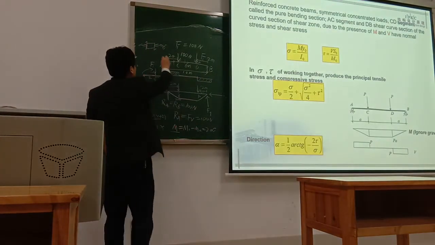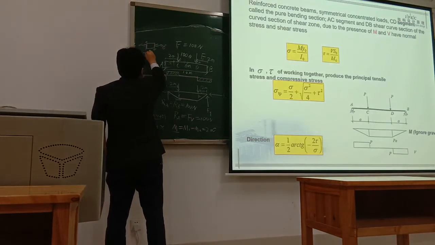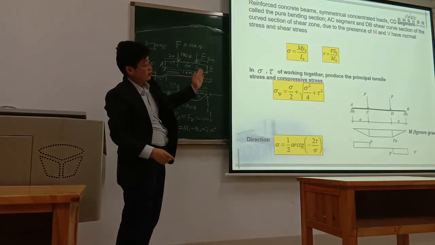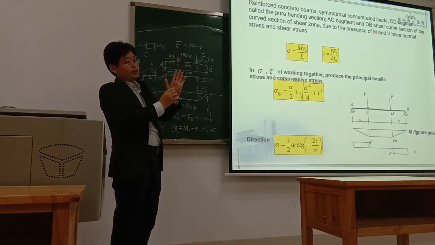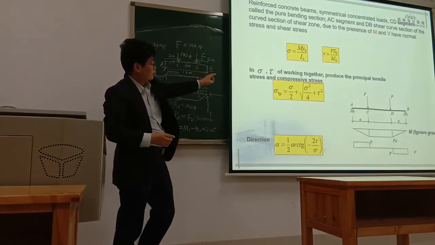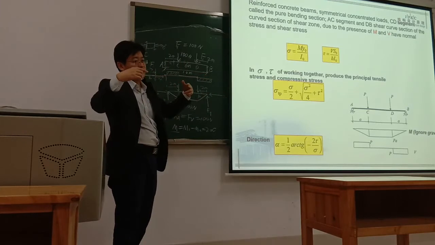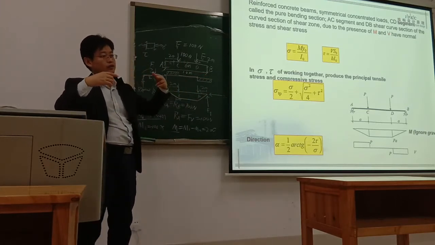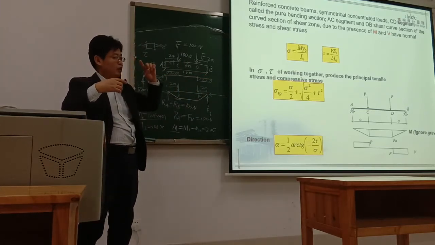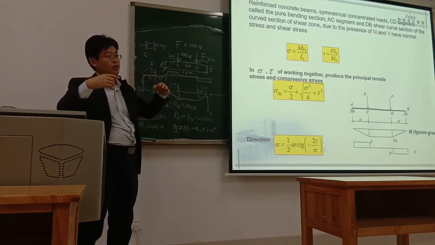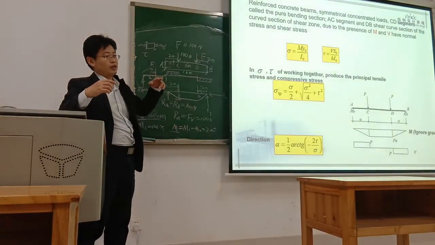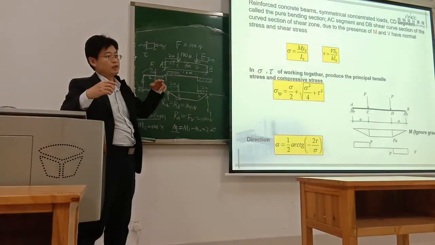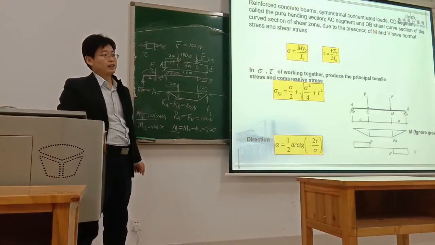So tau is in this direction, parallel to your section, but the sigma is perpendicular to your section.